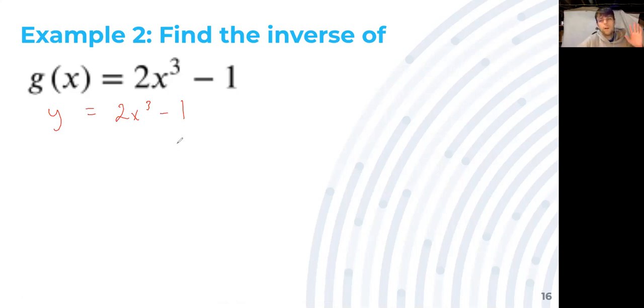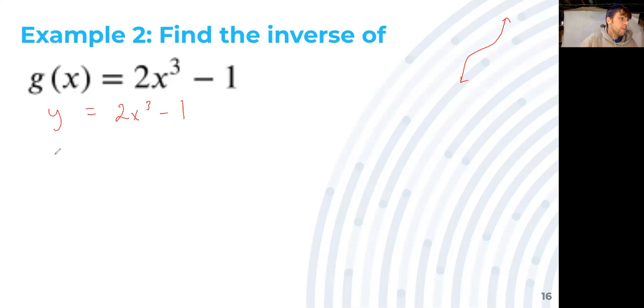The very first thing I should do is look at this graph and say, is this function one-to-one? Do the horizontal line test on it, make sure it works. I'm just going to assume that it is. It would create this cubic graph that would look like this. I know that it's going to be one-to-one, but we should look at the graph. I'm just not going to do it right now because I do know that it would work out.